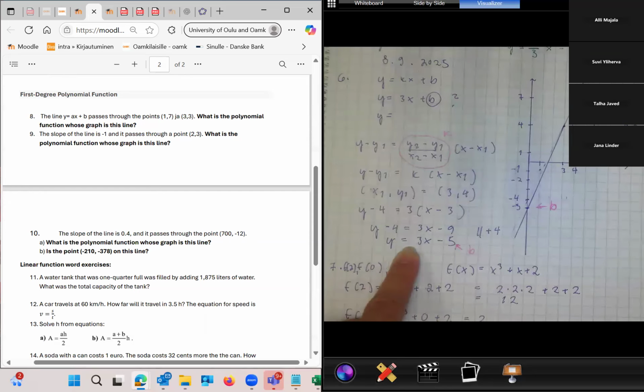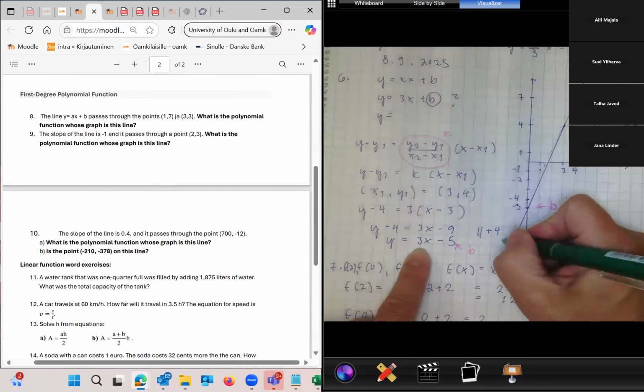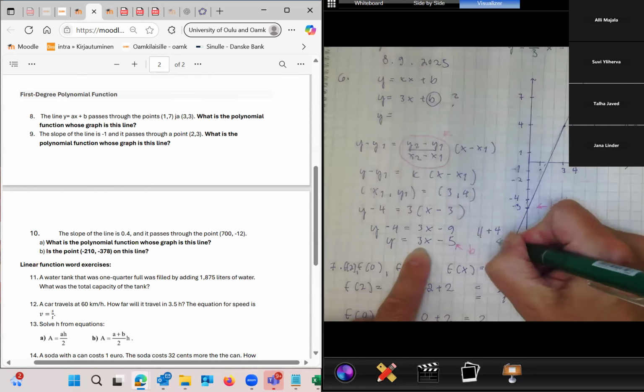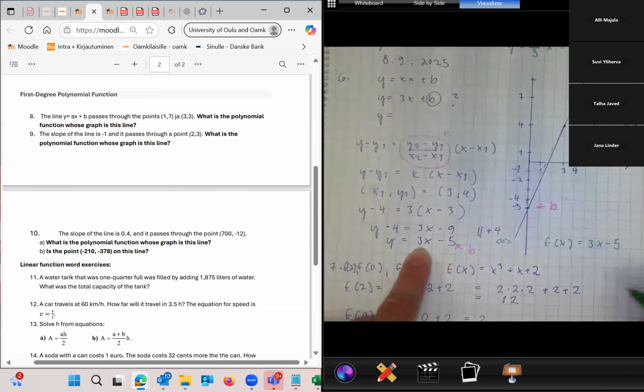So this is the line that I got. y is 3 times x plus 5, and then my function f(x) is 3 times x plus 5, and it's a first degree polynomial.